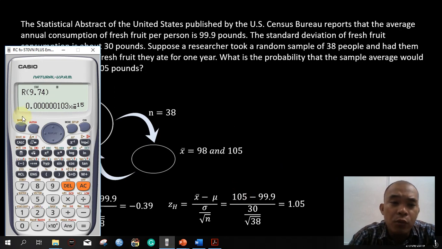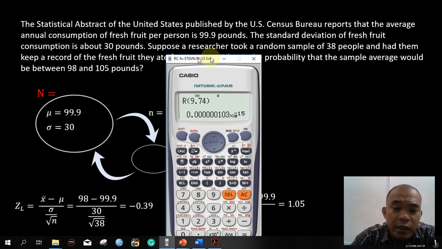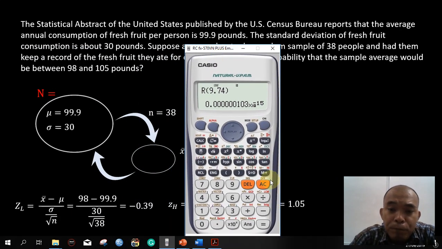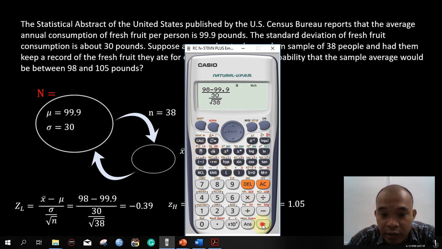I would like to share how we are going to do it using the calculator. Make sure to reset, mode stat, 1, and then here the x bar is 98 minus 99.9, over fraction again, and then 30 divided by square root of 38. Just press equals here. That is how we get this value here, negative 0.39.